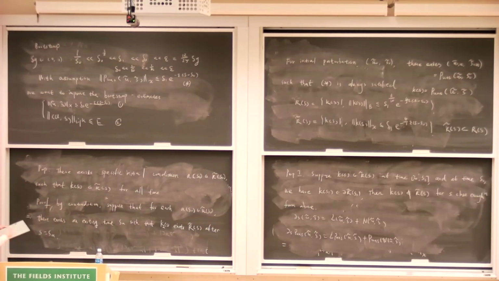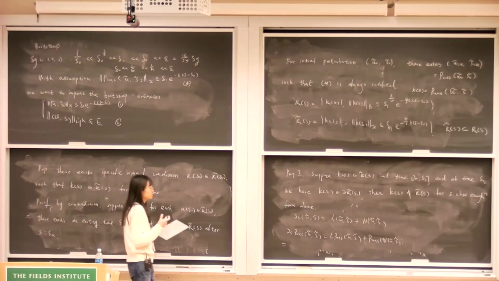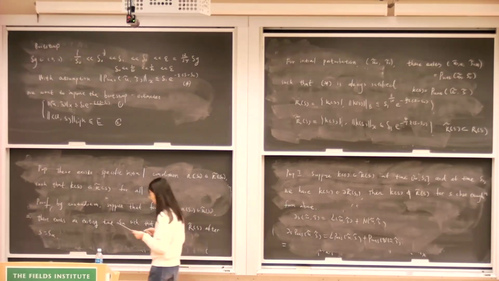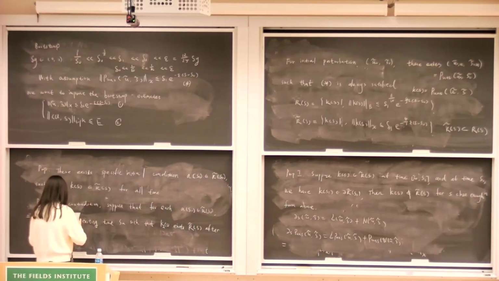So this exit time will be smooth by the local well-posedness of the solution. So you can define a map, which is the point that it exits on the boundary of the ball. And this will be a smooth map. Sorry, a continuous map.